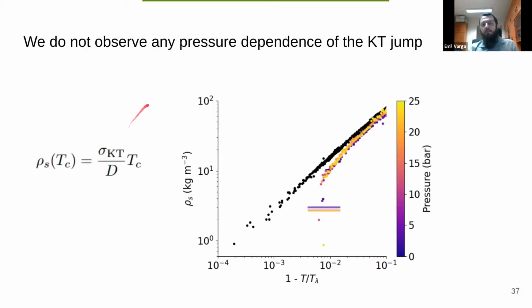But if we plot everything together, surprisingly, we don't see anything. We don't see any change in the behavior just above the transition.